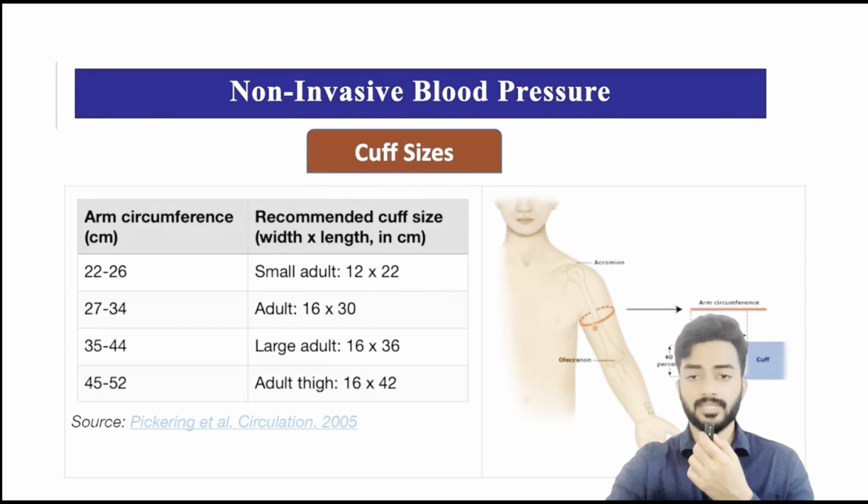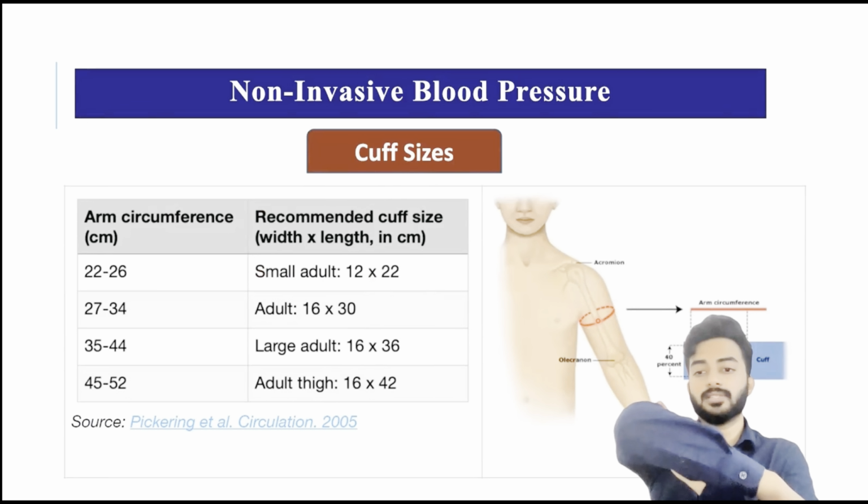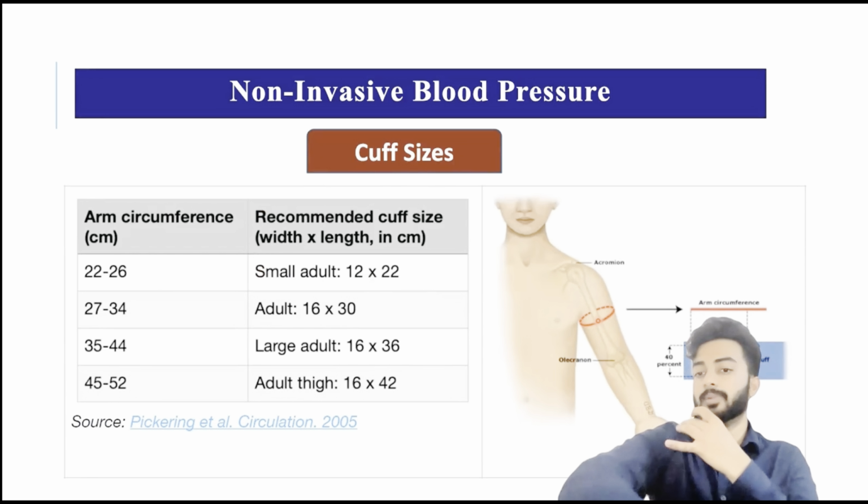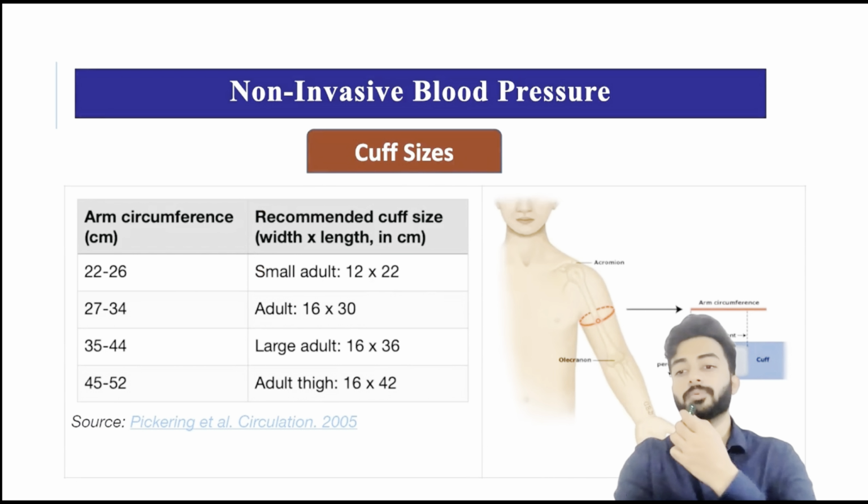How do you measure this arm circumference? It is measured from the midpoint of the acromion and olecranon process. This is the arm circumference, and your bladder length should be 80% of it, and the bladder width should be 40% of it.